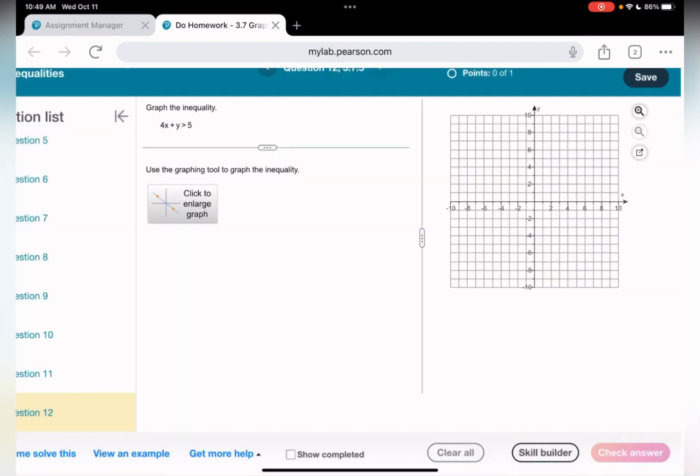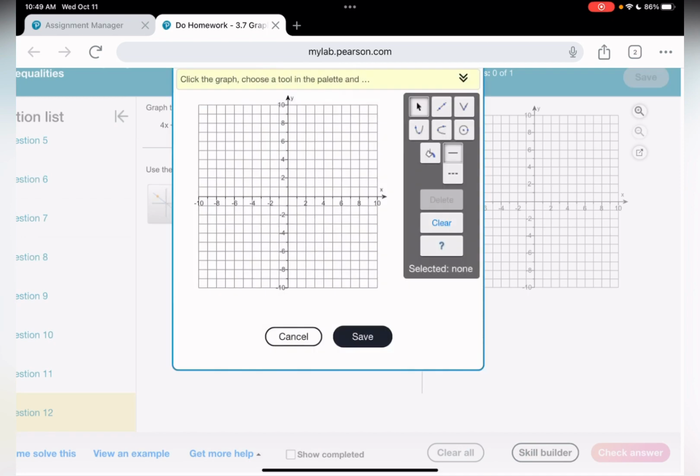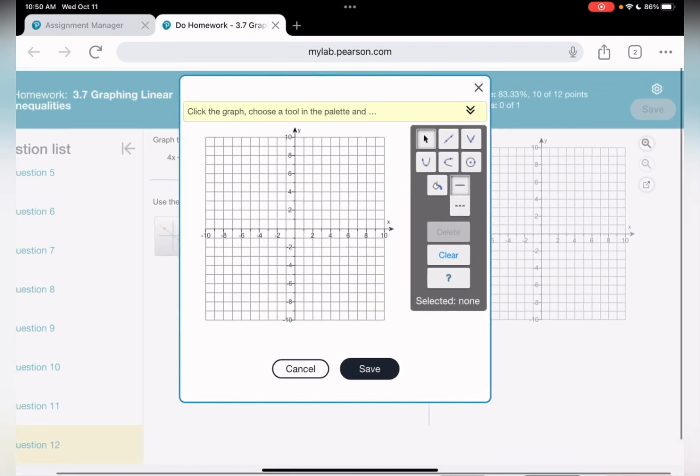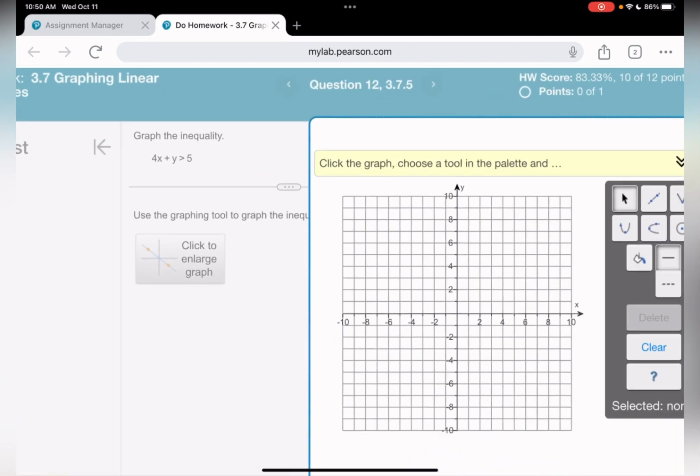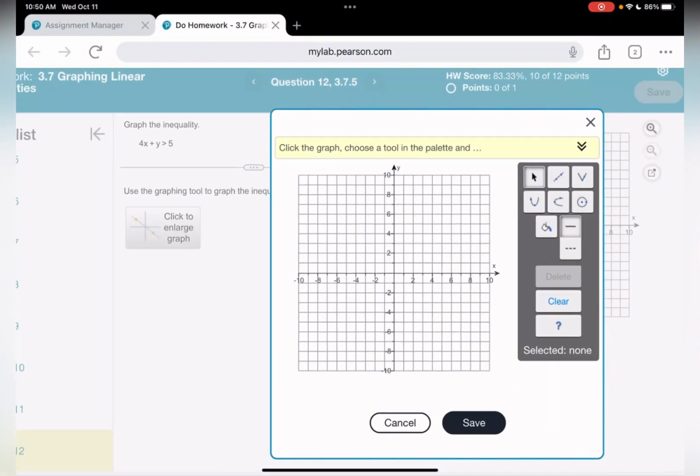Well done. And question number 12. What do we have? 4x plus y greater than 5.